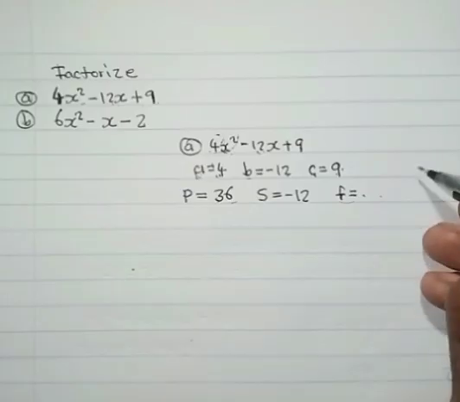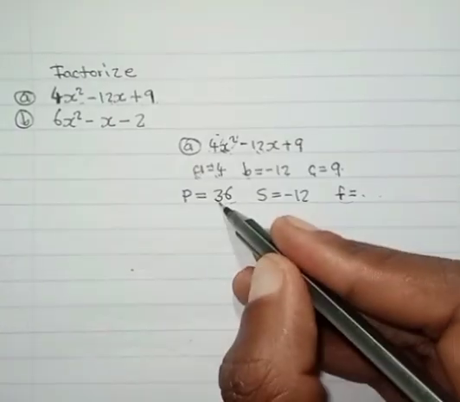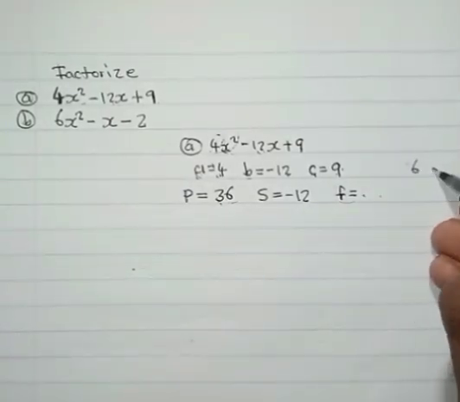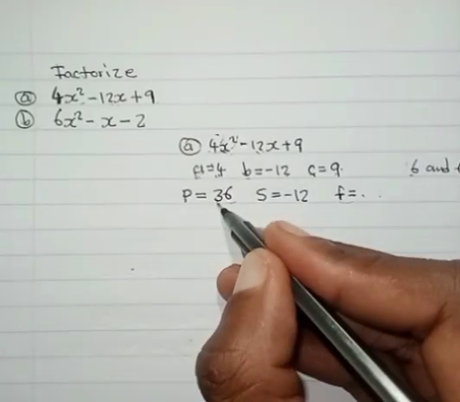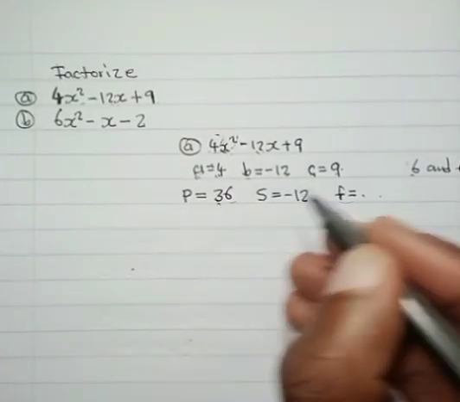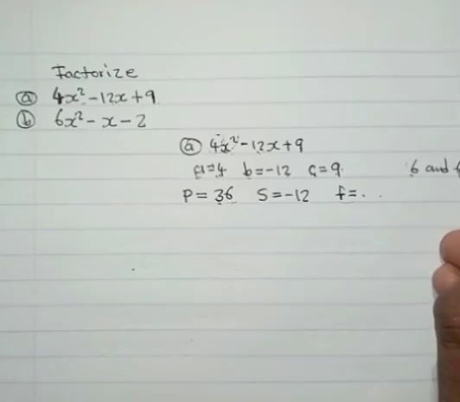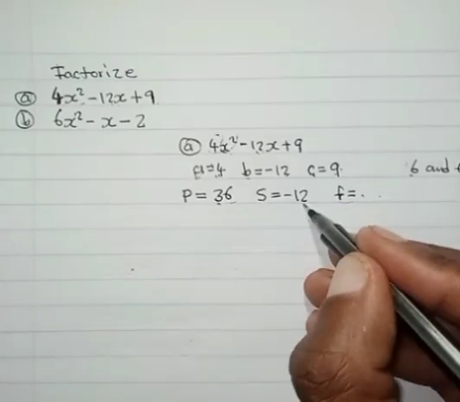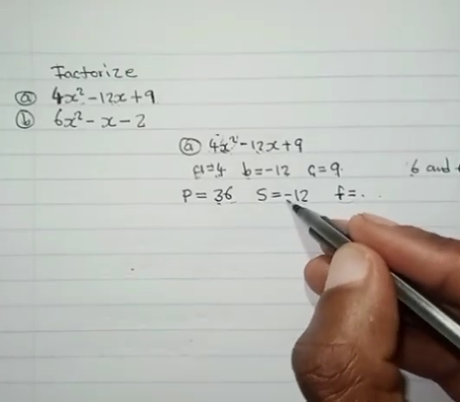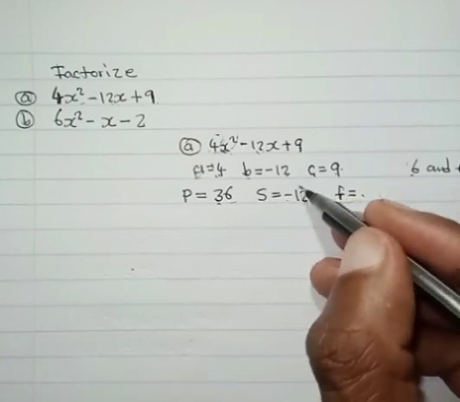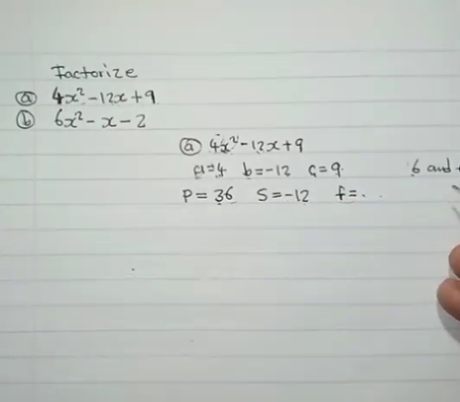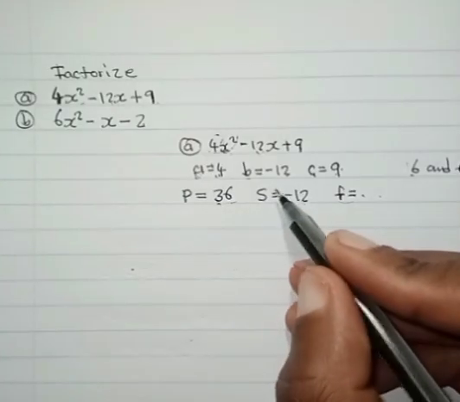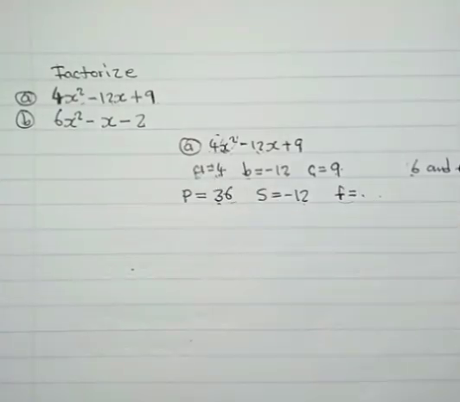So the possible factors which can give us 36, we have 6 and 6. 6 times 6, we get 36. 6 plus 6, we get 12, but we have a problem with the negative. Are there any other factors which we can use? What about 4 and 9?